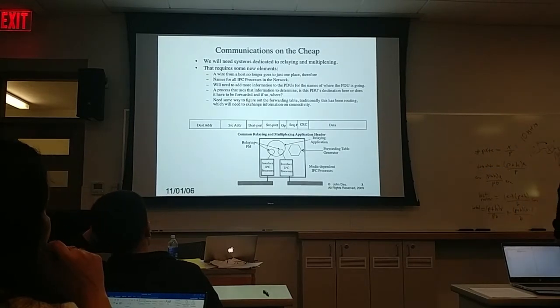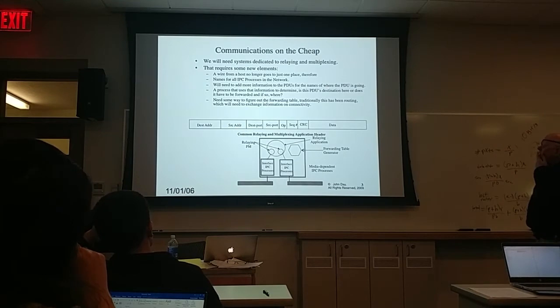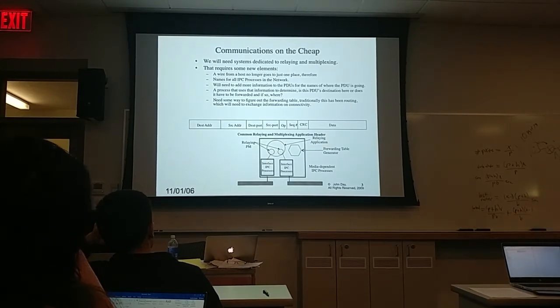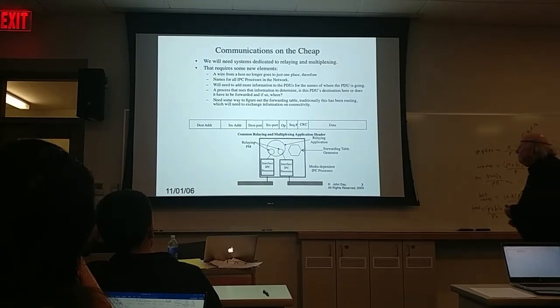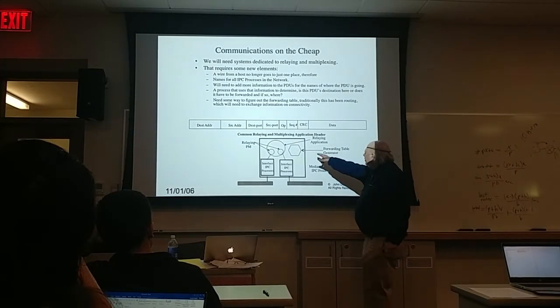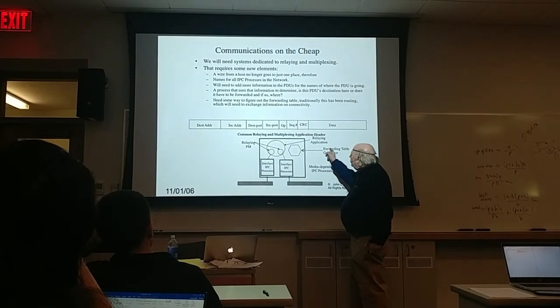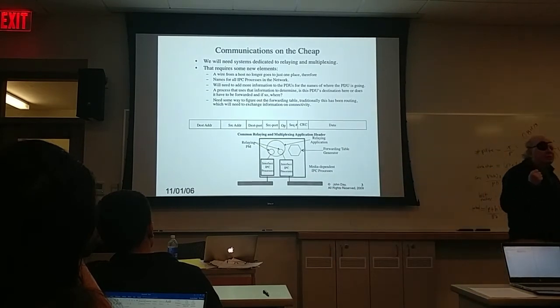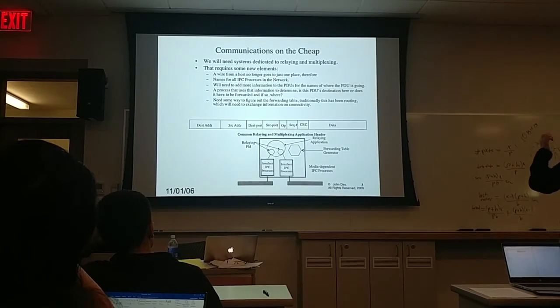Now, if you remember, we got to this point where we were doing IPC on the cheap, where we wanted to get rid of all those directly connected lines. We said we'll have to have a system that does relaying, and something that generates a forwarding table, so when a packet comes in, this forwarding process can look at the address and say, is it mine or does it go somewhere else?